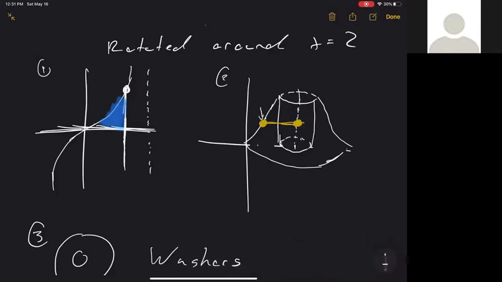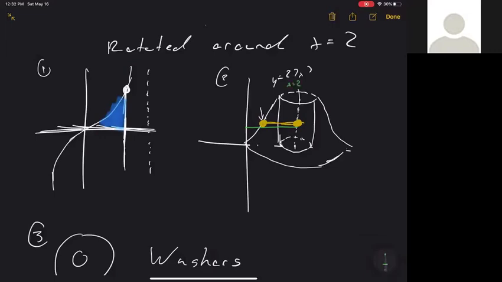Well, this point here is on that curve y equals 27x cubed, right? So let's do this green distance here. This green distance would be 2 because this is the line x equals 2.